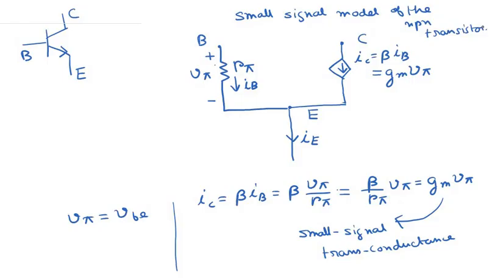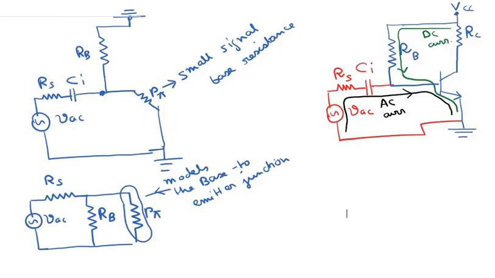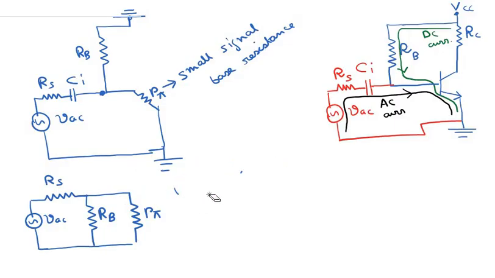Now earlier we showed how this base to emitter junction would look. So let me rewrite this. This R pi models our base to emitter junction, just as I said. So let me delete this here. This is our base point. We should also have a collector point and an emitter point over here.